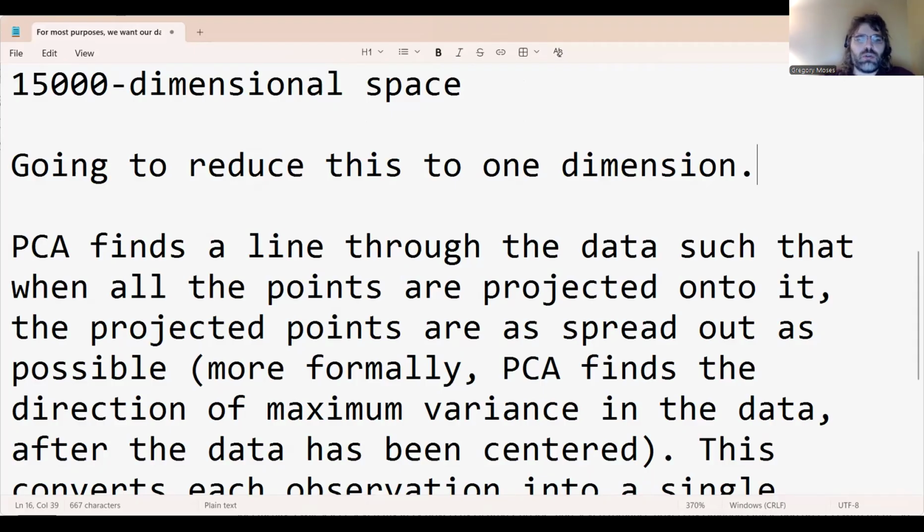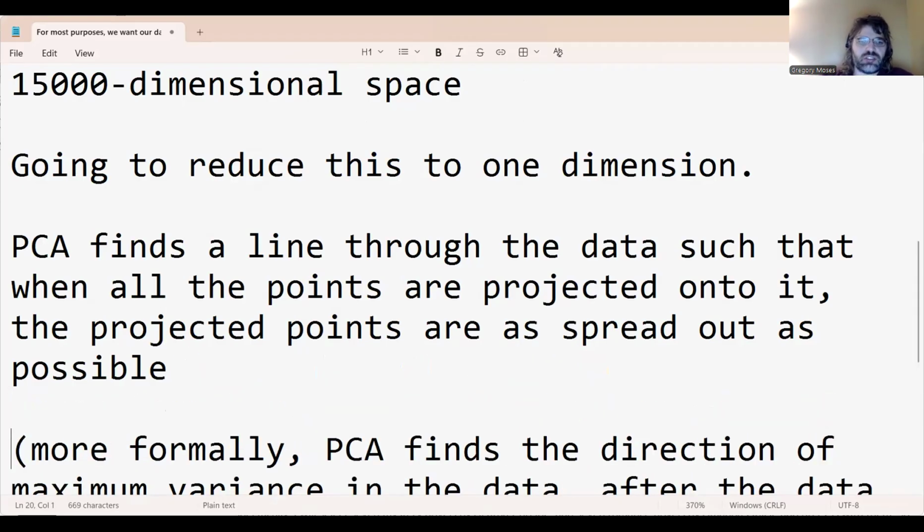So if we have a line in 15,000 dimensional space, we can project onto the line. And we know that we want a lot of variance. We know that variance is good. So we're going to find a line through the data such that once you project onto that line, the data is as spread out as possible.